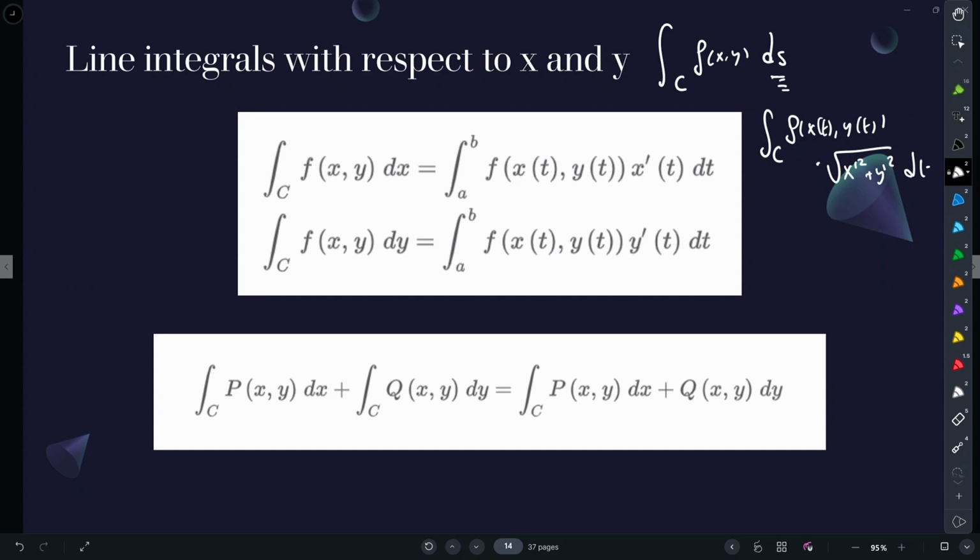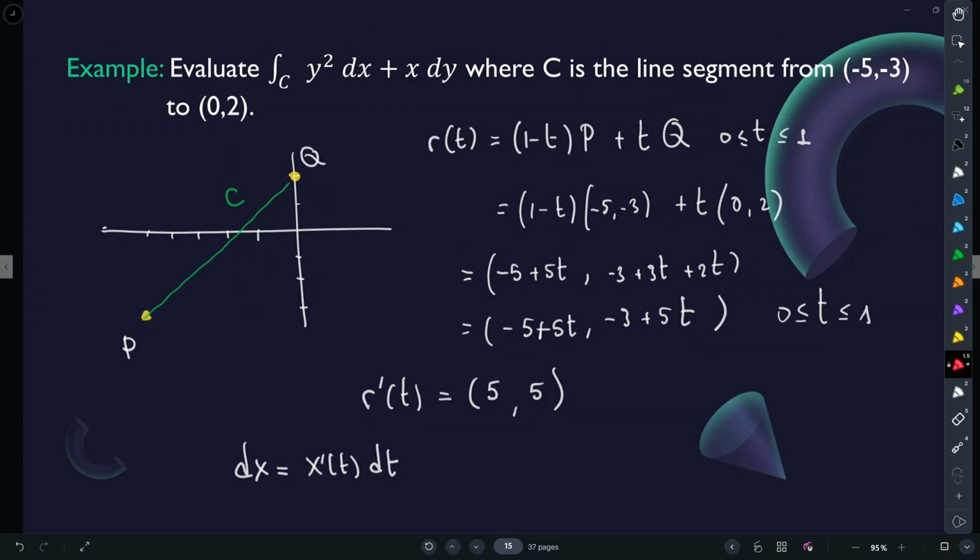By that I mean what appears in this formula. This is what we call dx, and this is what we call dy. Those are the new differentials we're using in here. So dx is x prime of t dt, and x prime is 5, so dx is just 5 dt. And dy is y prime of t dt, which, by the way, is sort of like just the chain rule, and that is 5 dt.